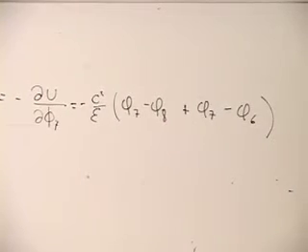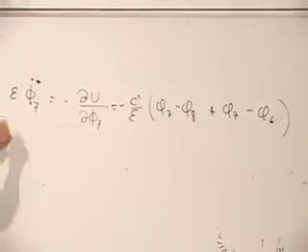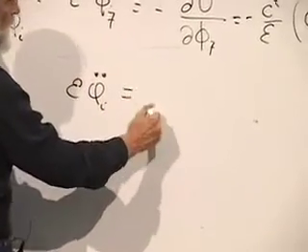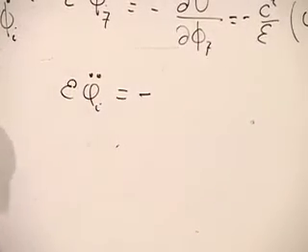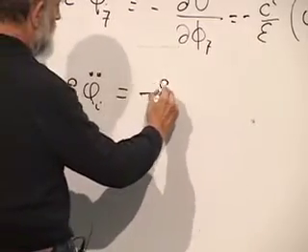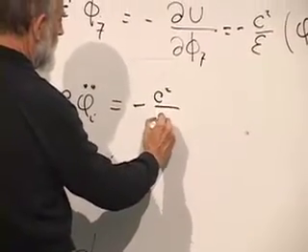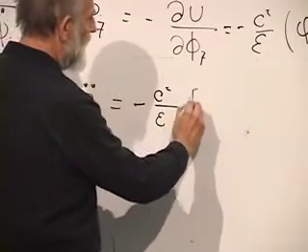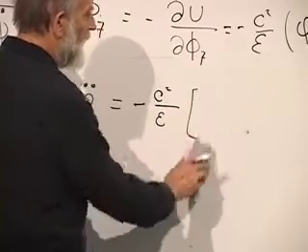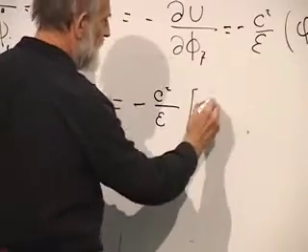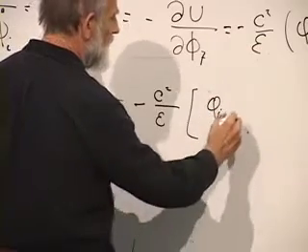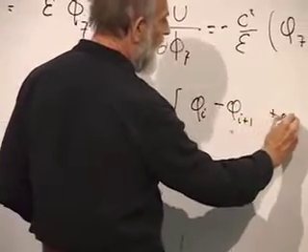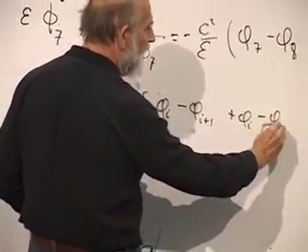Let's see if we can see what the pattern is. Let me write the general pattern. The general pattern now is epsilon phi I double dot is equal, it looks like minus, I think I got the minus right, c squared over epsilon, twice phi I, well, let's write phi I minus phi I plus 1 plus phi I minus phi I minus 1.